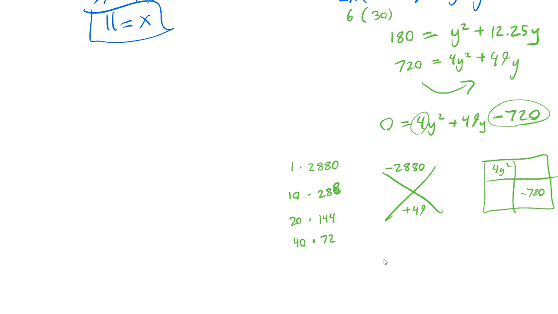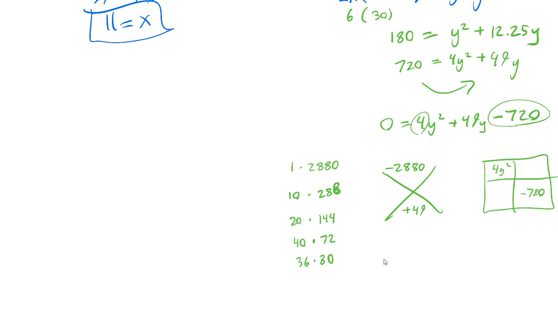So let's try, I don't know, 36. I'm using a calculator for this. So we go 2880 divided by 36. And that's 80, so that's 36 times 80. And is that right? So that's 44 apart. Gosh darn, is this not gonna work?